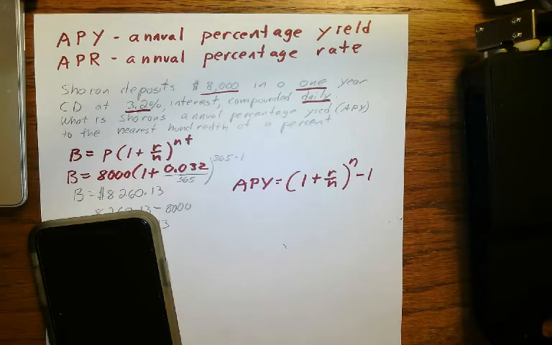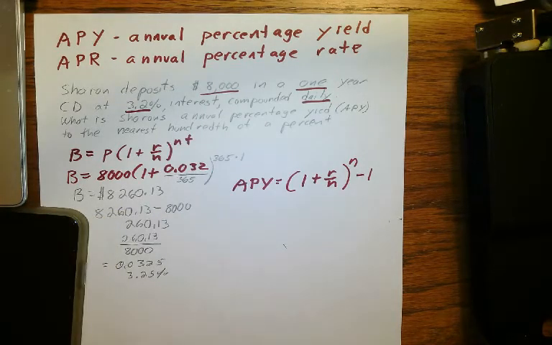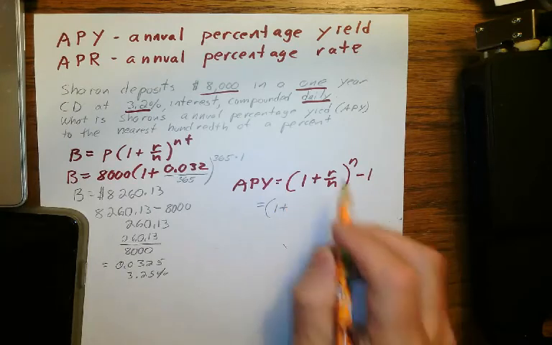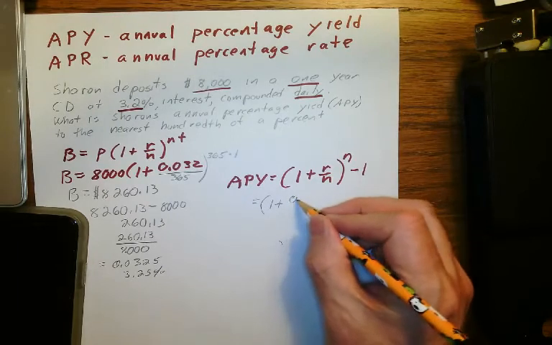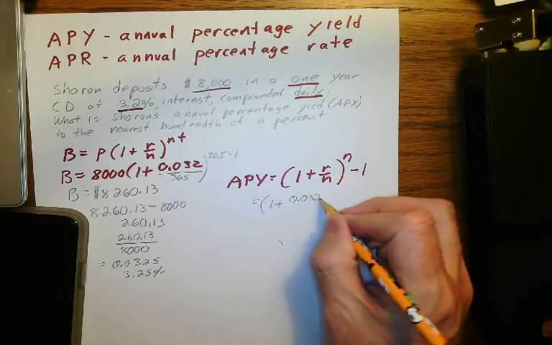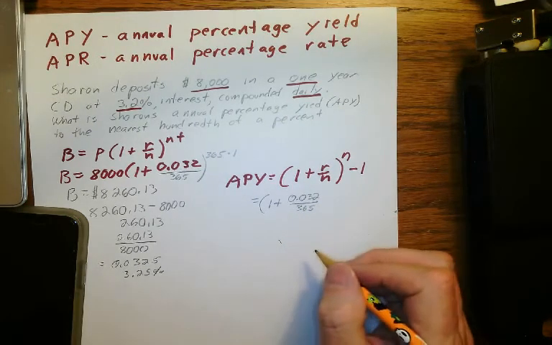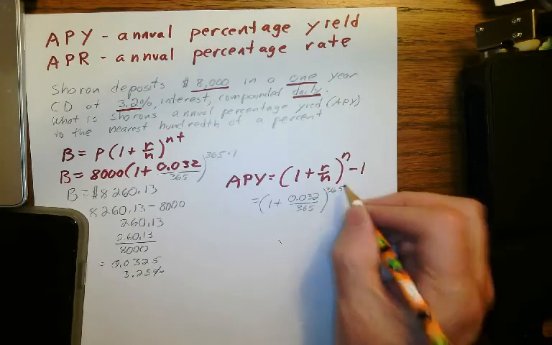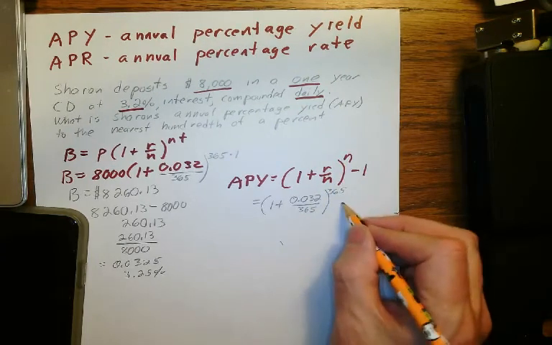Well, R is the rate, and N is the number of times compounded annually. So in our problem, it's going to be 1 plus the rate, which you make the 3.2% into a decimal like we just did on the last problem, divided by 365, raised to 365 as the exponent, and that's the N, and then a minus 1.